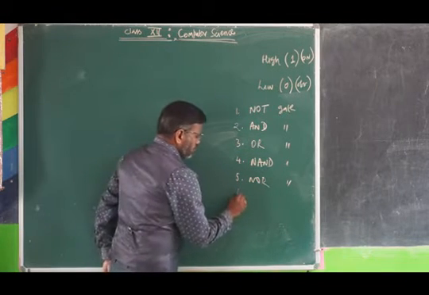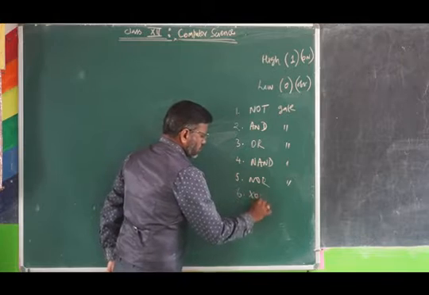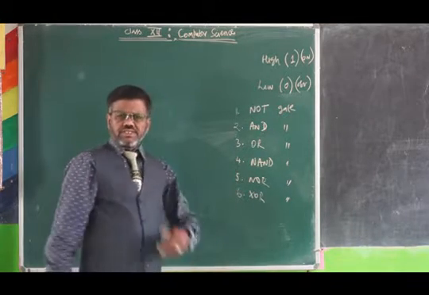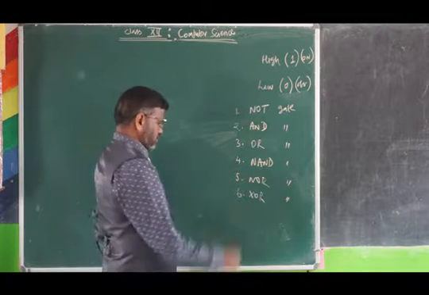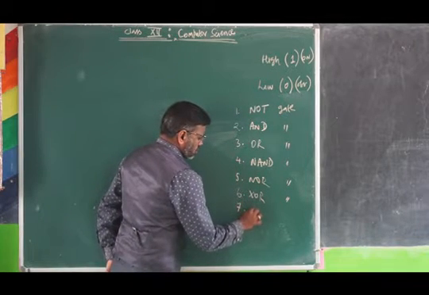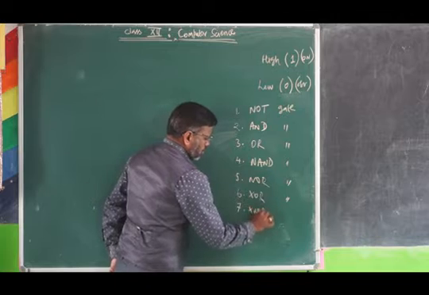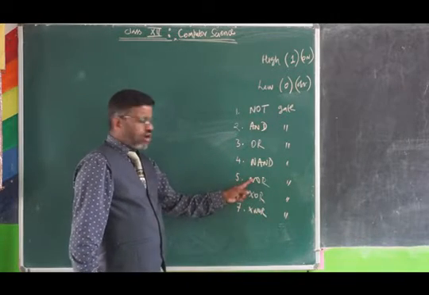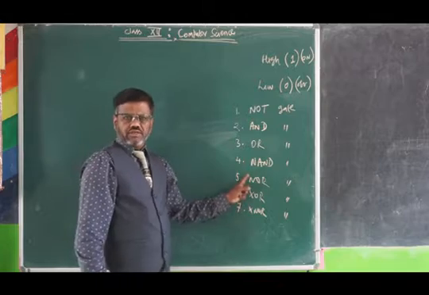We also have the sixth gate, known as the XOR gate, in other words, the exclusive OR gate. Then the seventh gate is known as the XNOR gate, which is the inverted, opposite of the XOR gate.